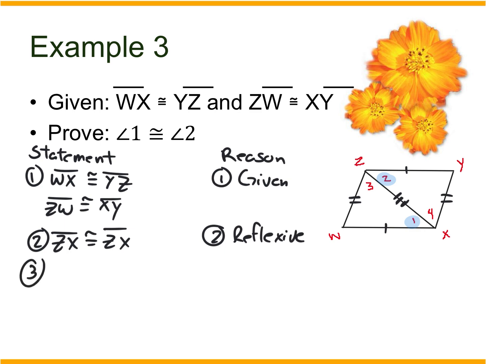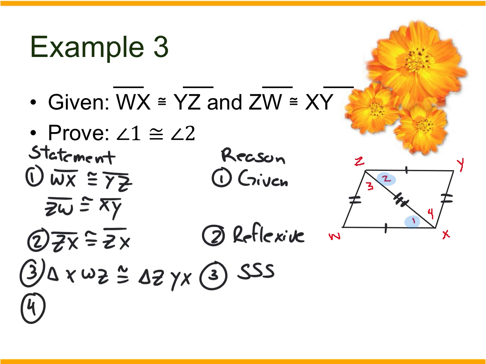Then after I prove that those three sides are congruent, I can say that triangle XWZ is congruent to triangle ZYX by the side side side. And lastly, since I proved those triangles are congruent, I can say angle 1 is congruent to angle 2 by CPCTC.